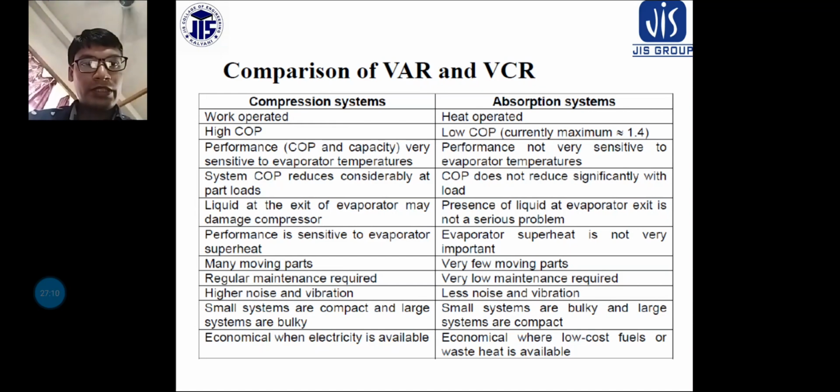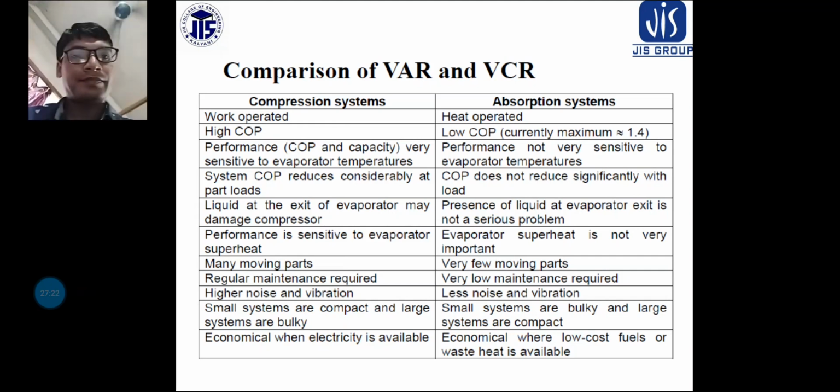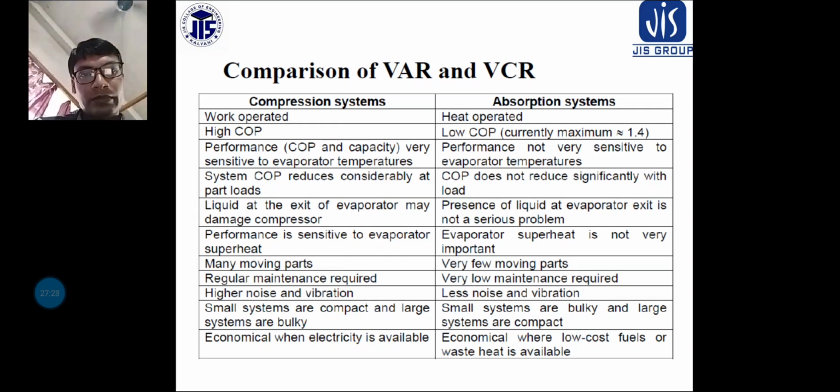If it is a small system then it is compact, but if it is large then it is bulky. Now for absorption, small systems are bulky and large systems are compact. It is just the reverse.